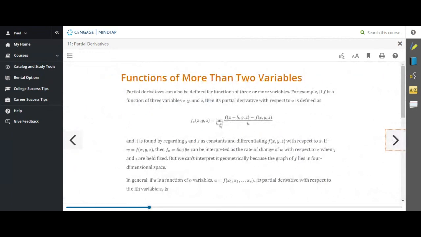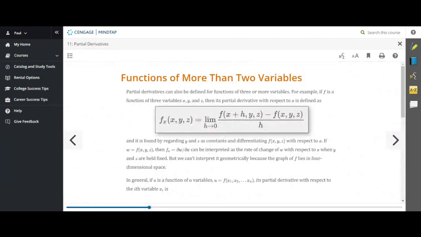Here you have a first partial derivative where you have a function of three variables. And the analogy is the same. If you're differentiating that function with respect to x, you hold the y and the z constant, and you let x change. So you're finding rates of change with respect to different variables. That's what you're doing.